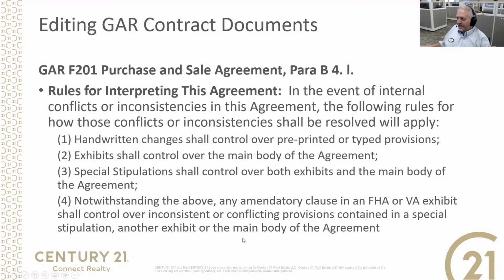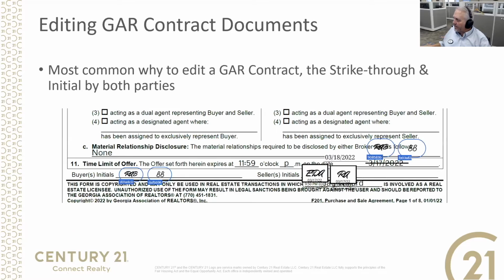Okay, and then notwithstanding the above, any amendatory clause in any FHA or VA exhibit shall control over inconsistent or conflicting provisions contained in a special stipulations, another exhibit, or in the main body of the agreement. All right. Does everybody know what the amendatory clause is? Can't remember if I've got one in here.